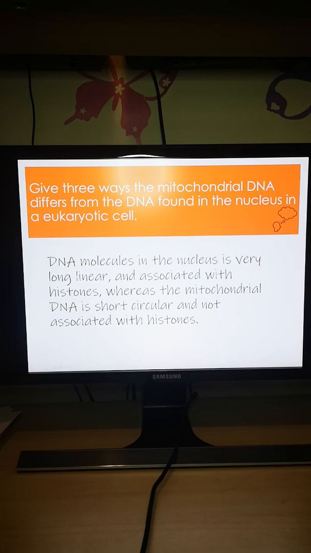They've been very concise, but they get 1 mark for long versus short, 1 mark for linear versus circular, and 1 mark for associated with proteins versus not associated with proteins, or not associated with histones, the name of the protein.